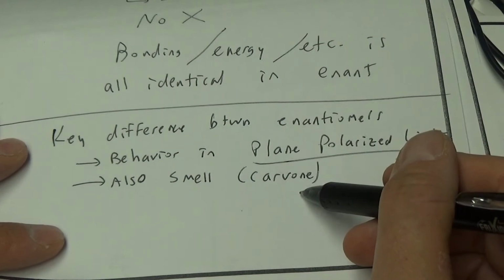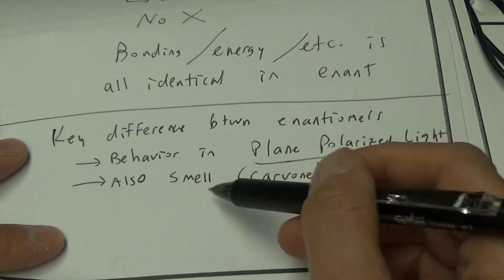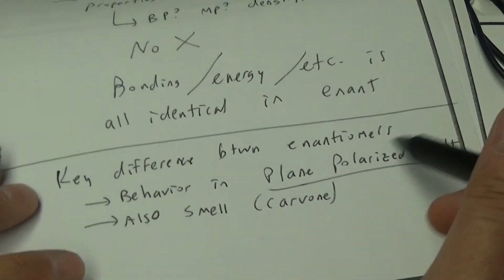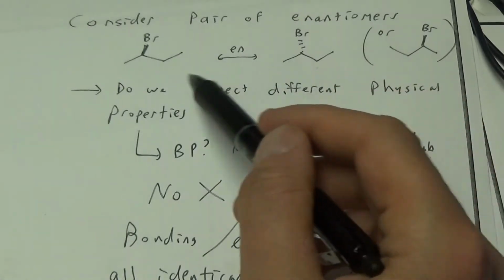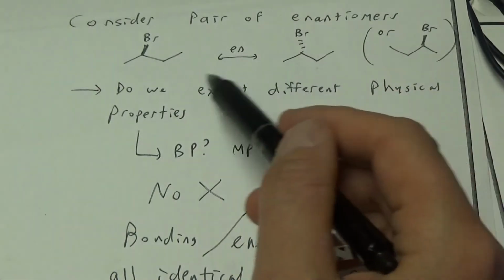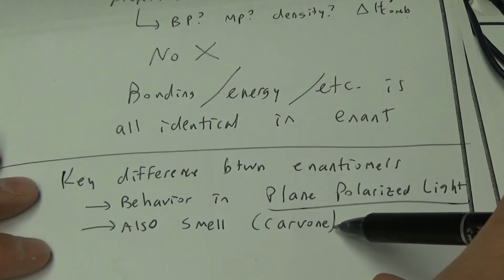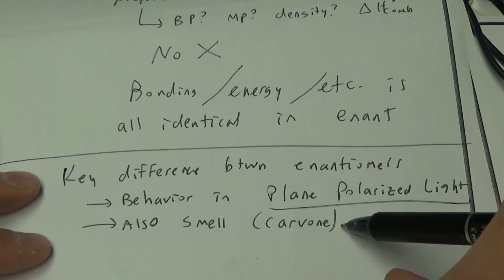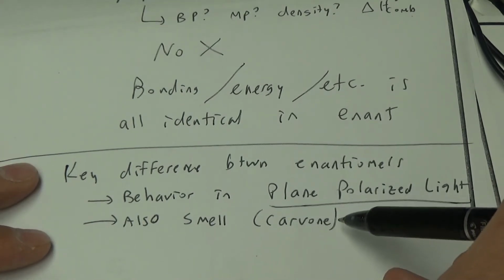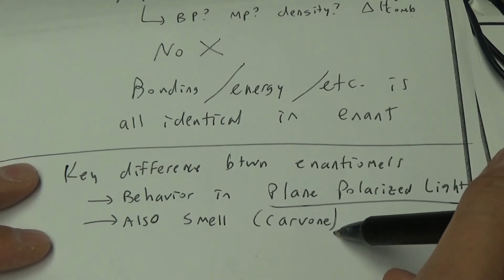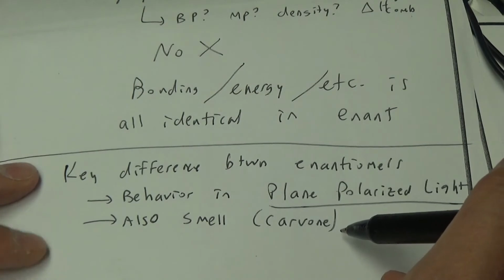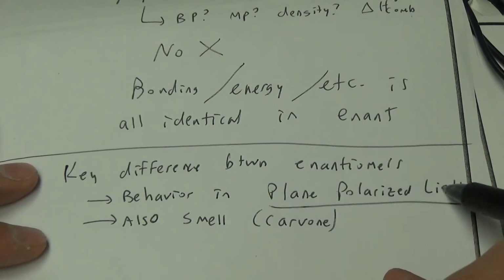Why would we smell enantiomers differently? It's because our nasal receptors are chiral. Proteins are chiral, so one enantiomer will bind to the receptors differently than the other. But anyway, let's focus on this plane polarized light thing.